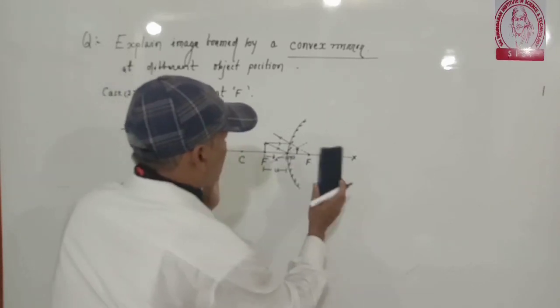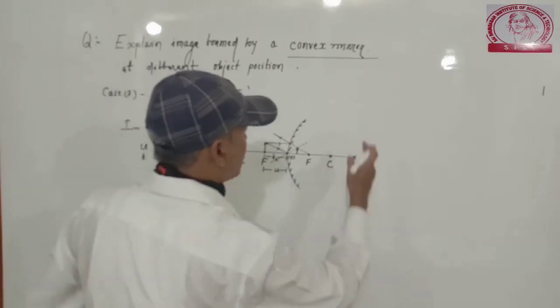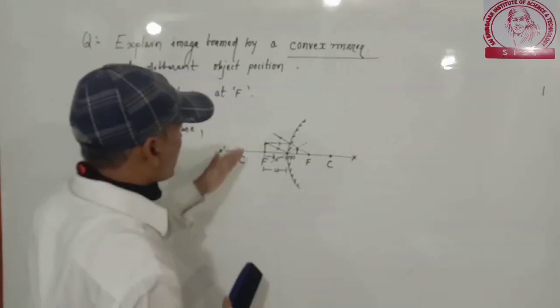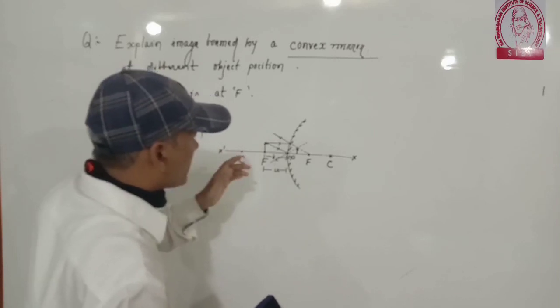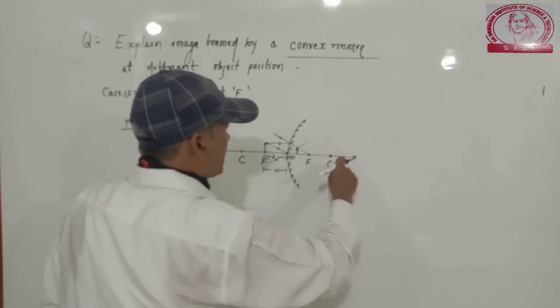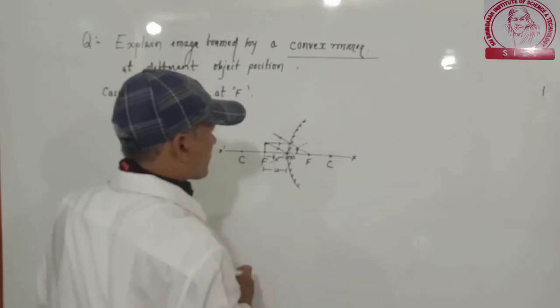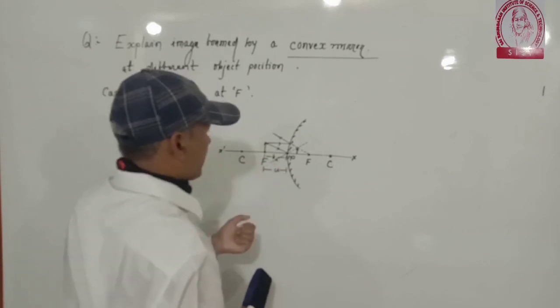If you reverse this mirror, then you will find the object is in this side and the image will be formed in this side. So in that case, U is taken as positive and the focal length will be taken as negative.